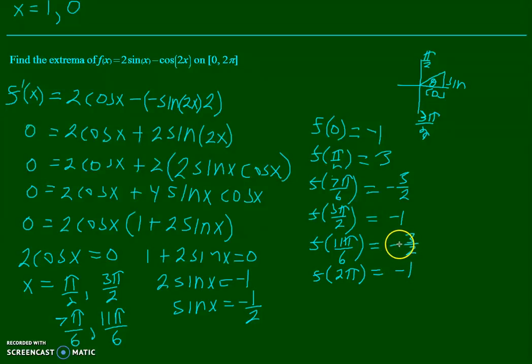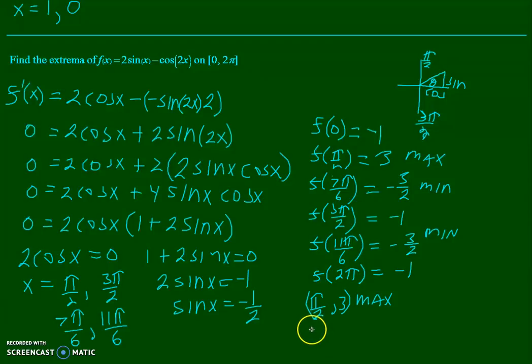So we can see that we have a maximum value at 3, so this is our max, and we have minimums at this point and this point. So there's a min, and there's a min.